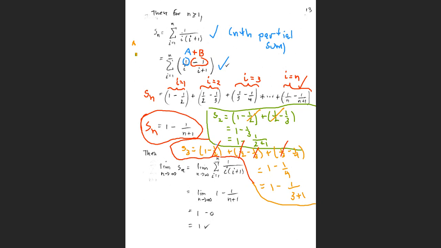And so now, if we want to look at the limit of the nth partial sum as n goes to infinity, that would be the same as looking at the limit as n goes to infinity of this telescoping nth partial sum. And that's just going to be the limit as n goes to infinity of 1 minus 1 over n plus 1, but that's just 1 minus 0. And so you get a 1.